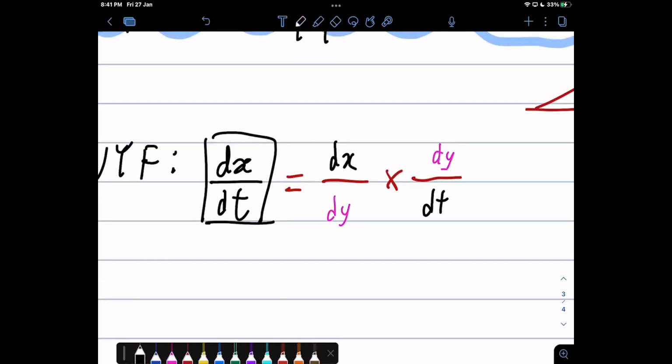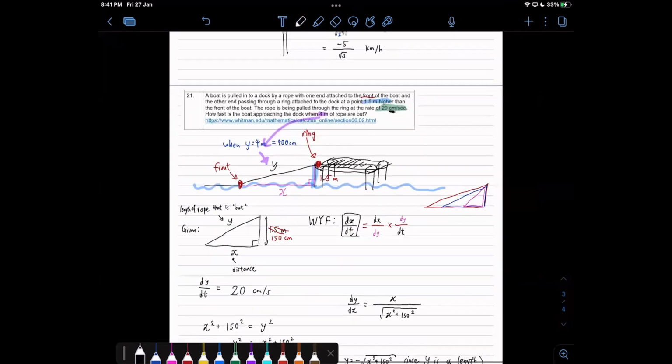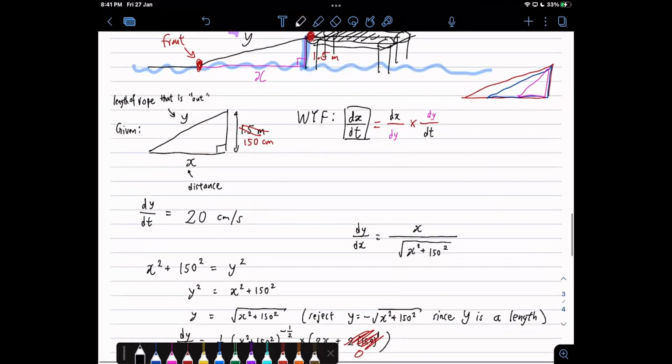Then good. dy dt you know already. Good. Which is 20. And then you just do 1 over dy over dx, which you can sub in. 1 over actually is just flipping the fraction, flip upside down.